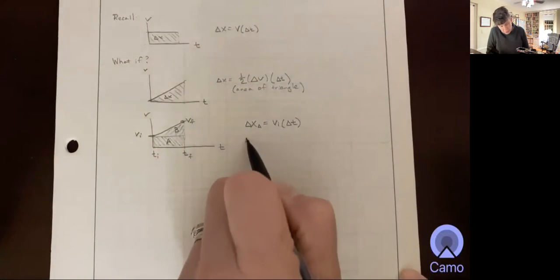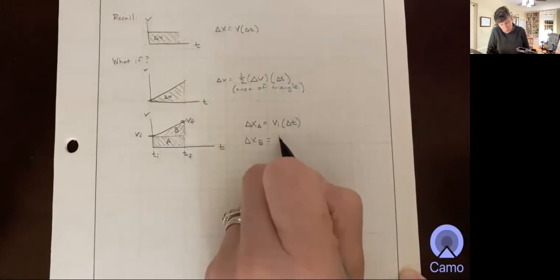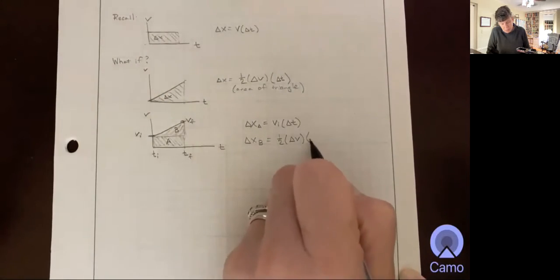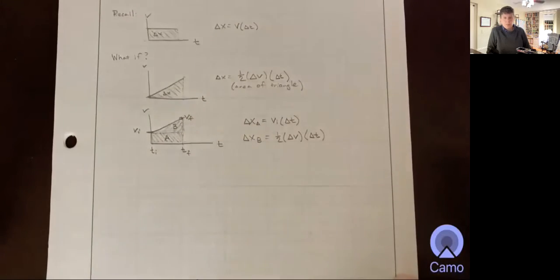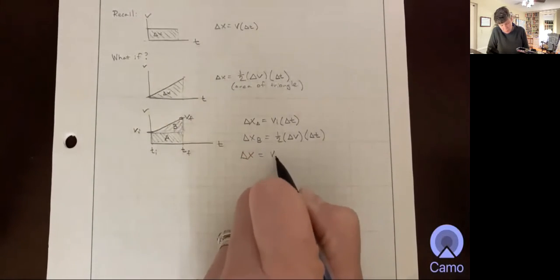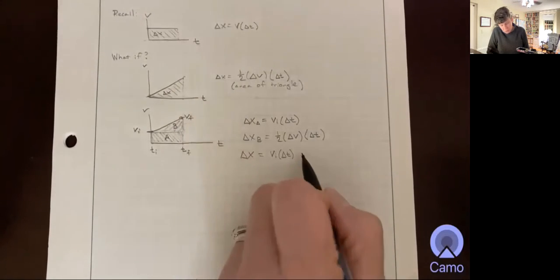Now the area of B. It's the height of this triangle, final velocity minus initial velocity, times however wide this rectangle is, the amount of time. So we can put these together, combine them. Total displacement is the initial velocity times the time plus this area here.